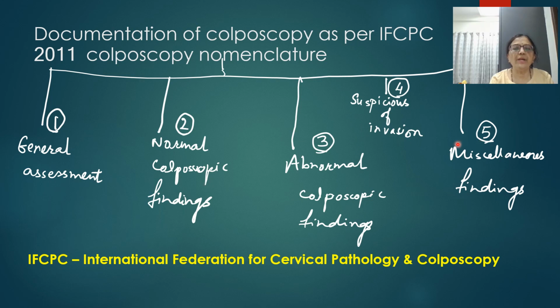So these are the 5 headings under which we need to do the documentation whenever we are doing any colposcopy. For postgraduate students as well as consultants, I request that you follow this 2011 IFCPC recommendation. It really helps in the systematic way we do and document the colposcopy.